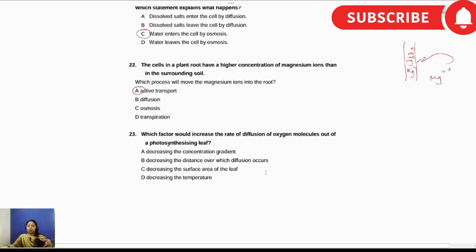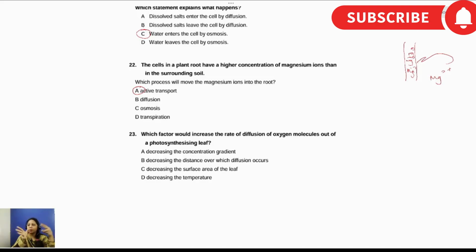Now, you have read this in chemistry as well, how to increase the rate of diffusion. Number one, by increasing the temperature. When the temperature is more, there would be more kinetic energy, the particles will move with higher speed and diffuse faster. Number two is by increasing the surface area.